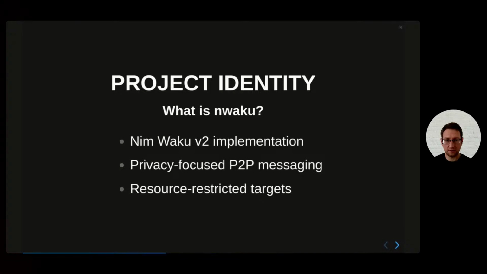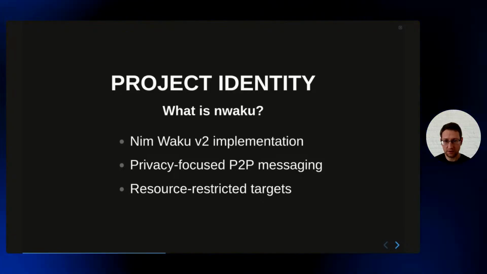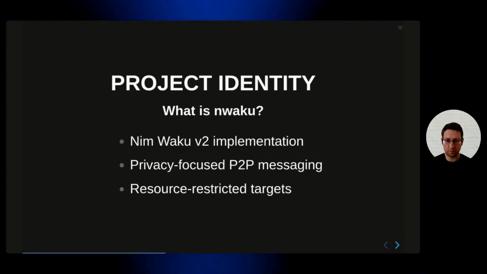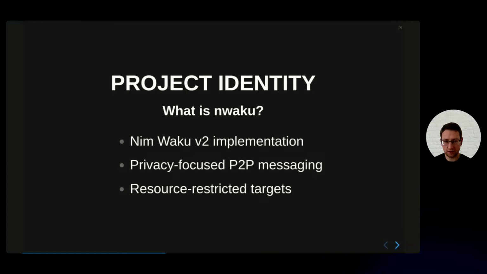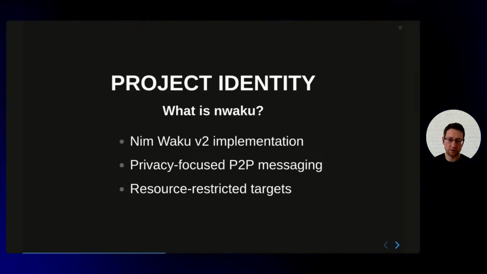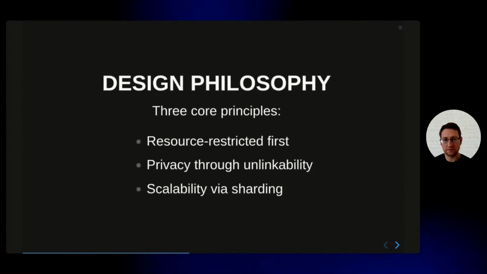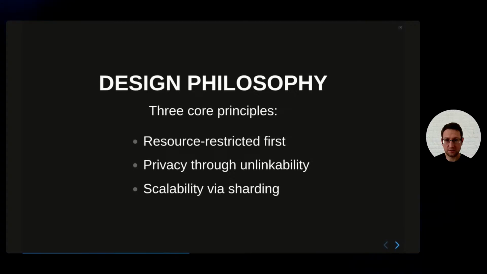So first, we have a few paragraphs describing what actually is Waku. That it's a Waku implementation in Nim, that we focus on privacy, peer-to-peer messaging, and we target, or at least emphasize, support for resource-restricted devices as our targets. We have a design philosophy, again, compiled from existing documentation.